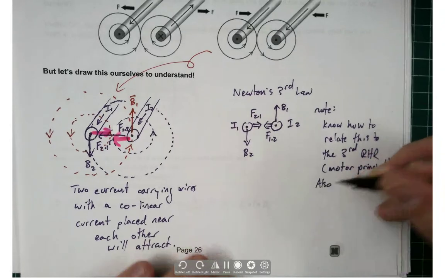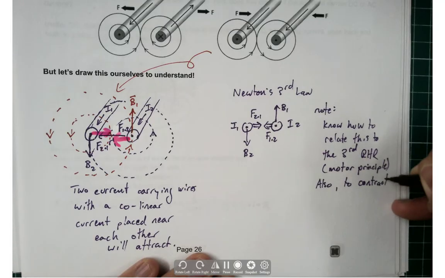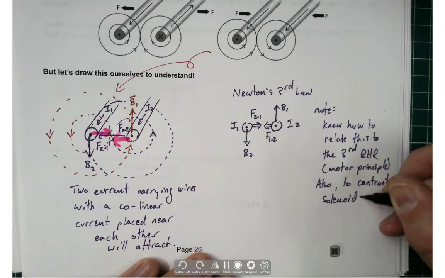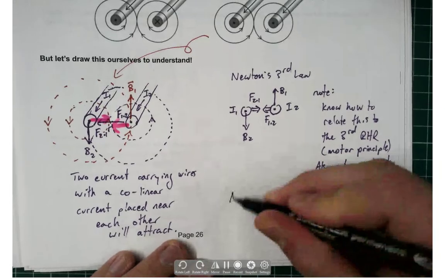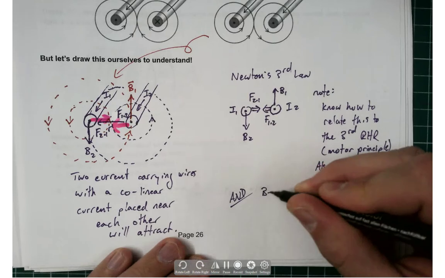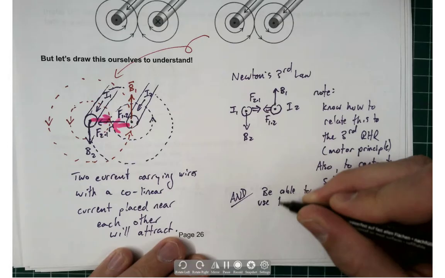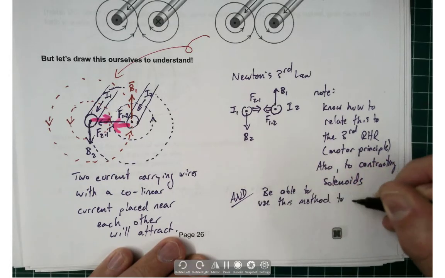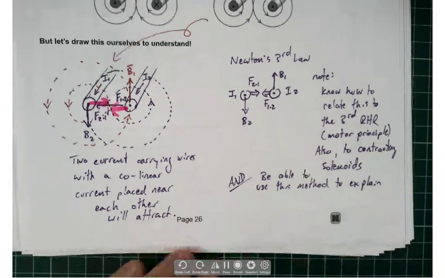Also, to contracting solenoids. And I'm going to say, and be able to use this method to explain why opposite current flow directions repel.